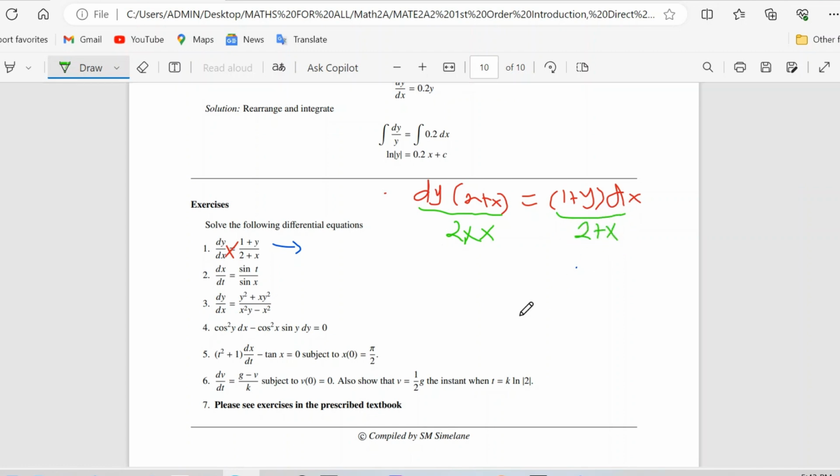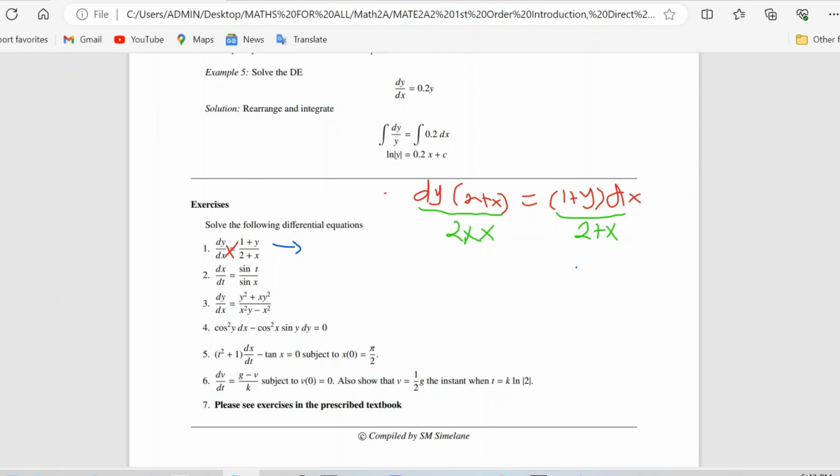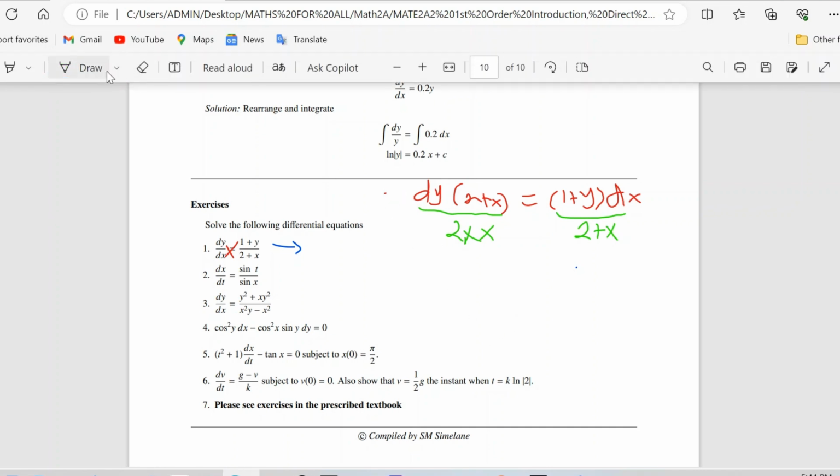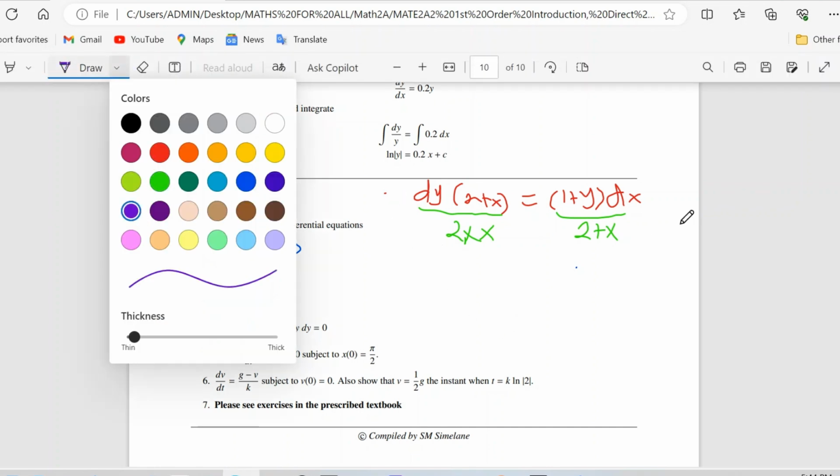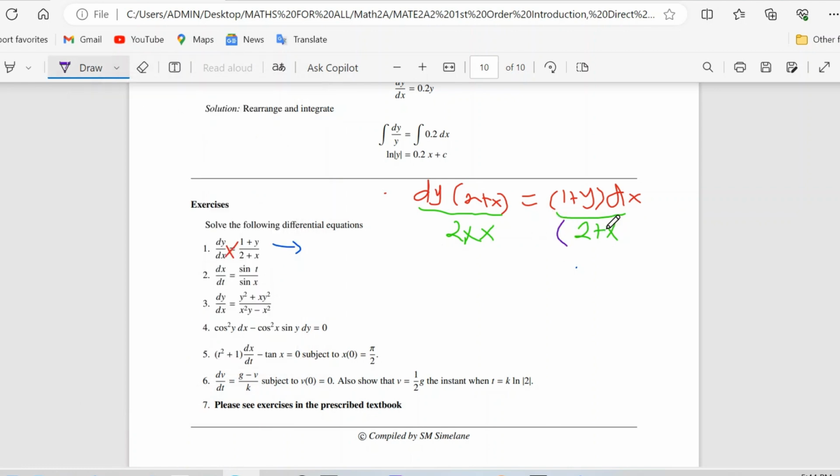Now that this 2 plus x is deciding to leave dy, because dy is the father of 1 plus y, 1 plus y should also decide to leave this dx and go to its father as well. So 1 plus y is deciding to follow as well.